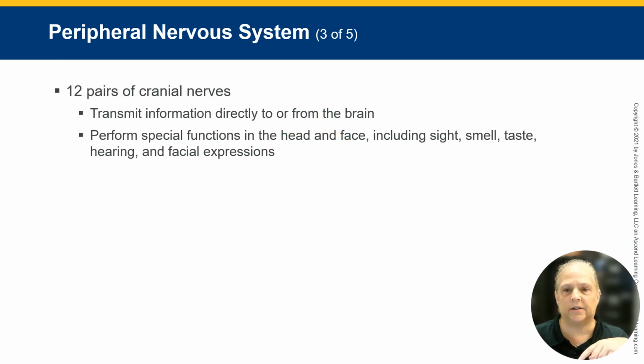You've got 12 pairs of cranial nerves. You don't need to know what their names are. However, you do need to know that we have 12 of them, and it's a good idea to know their basic functions. Taste, smell, facial movements, hearing, sight are all some of the functions of those nerves.